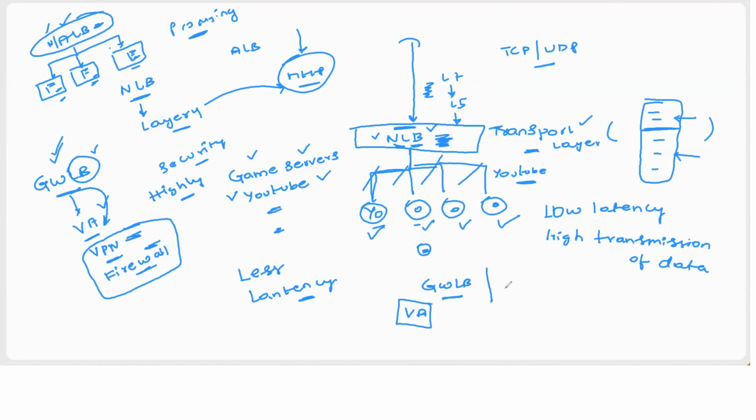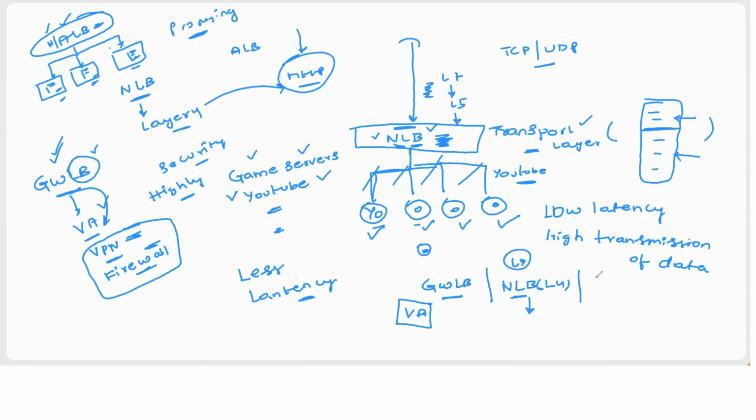When you don't want to apply the load balancing techniques at layer 7, and you are okay to execute load balancing techniques depending upon your layer 4 traffic, then go with NLB.